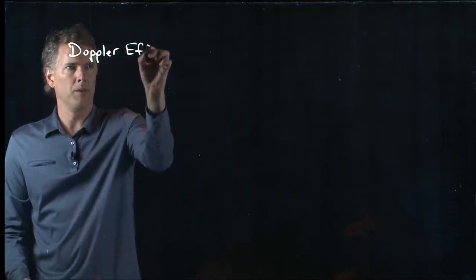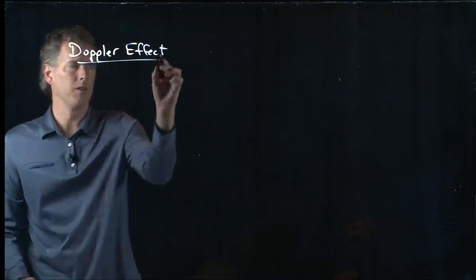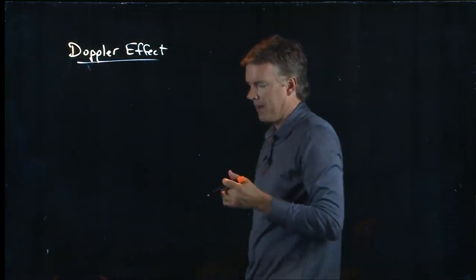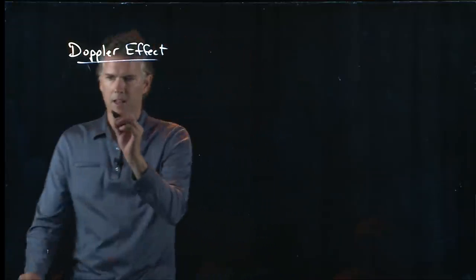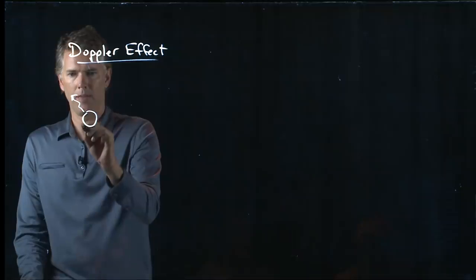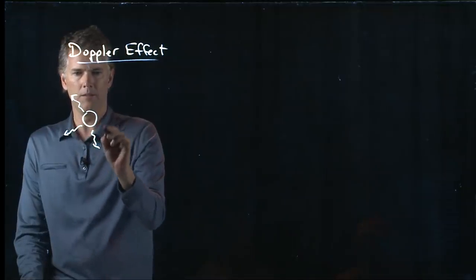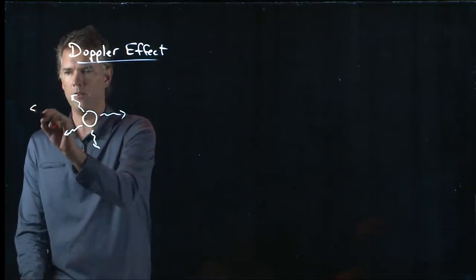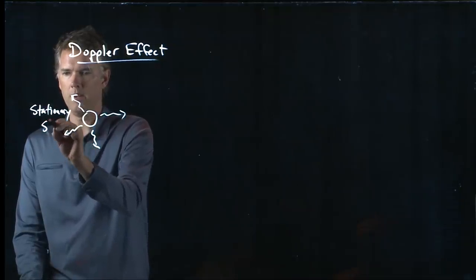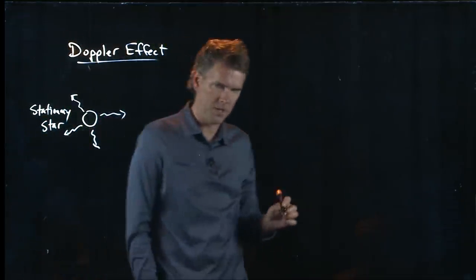But let's talk a little bit about what's really going on with something called the Doppler effect. Okay? And the Doppler effect is just this. Let's say I'm looking at a star, and I know that that star is spitting out light in all directions. And let's say that it is stationary relative to me.